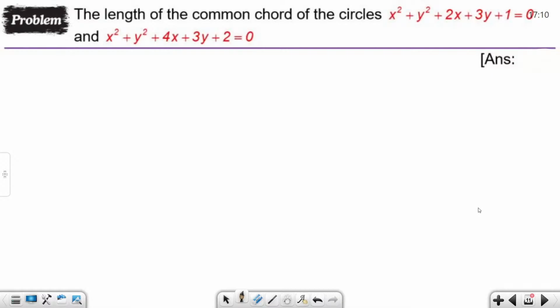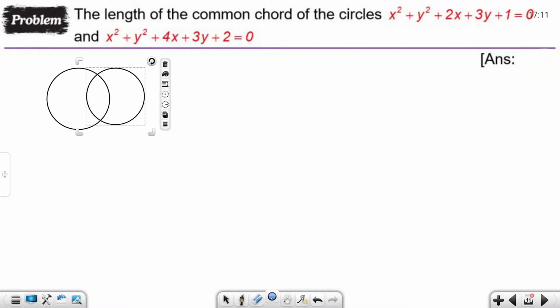So let us now try some problems based on the radical axis. The first question is, find the length of the common chord of the given two circles. Let me just draw the two circles which are given. This is one circle and this is another circle.